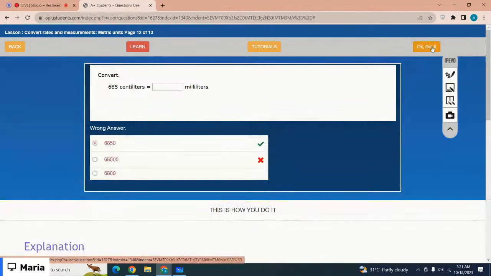Oh, you have to multiply it by 10. That would be 6,850 only.